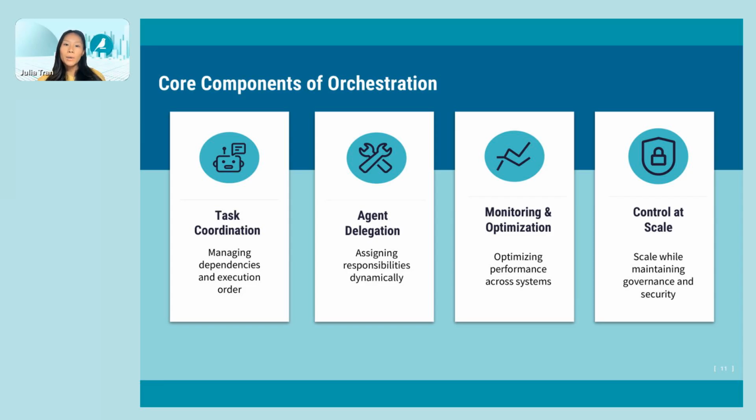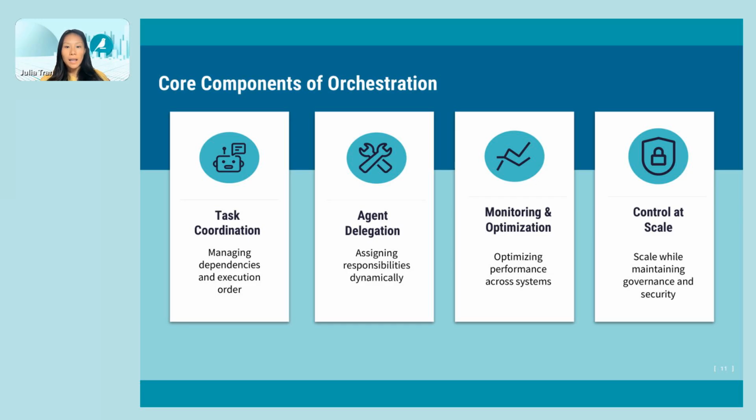There are four key components that make this work. So, task coordination, orchestration decides what happens when, managing dependencies and timing so every task runs in the right order. Agent delegation, which is orchestration assigning tasks to the right agent based on the context, data access, and permissions, ensuring the best fit for each job.